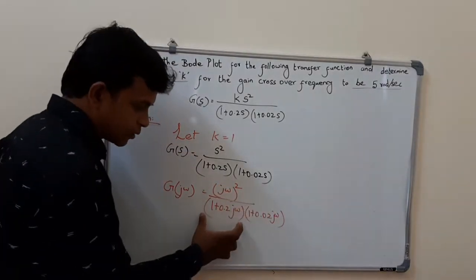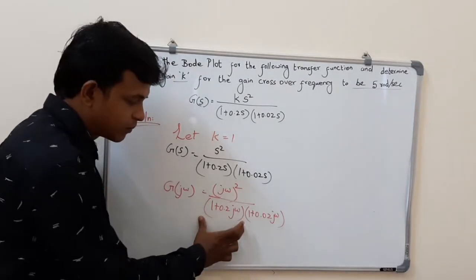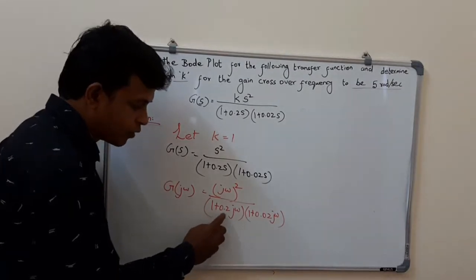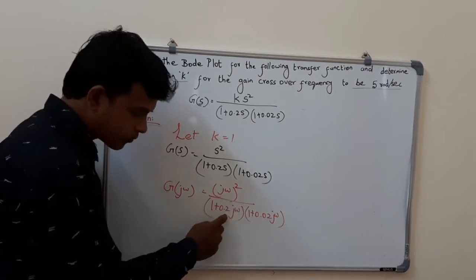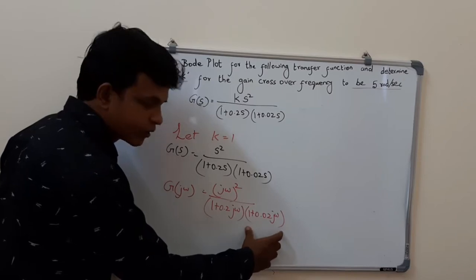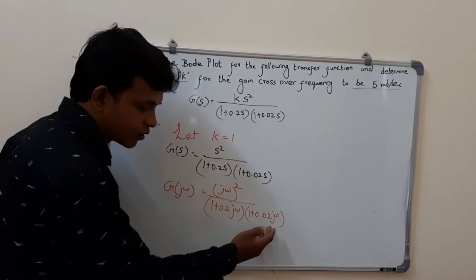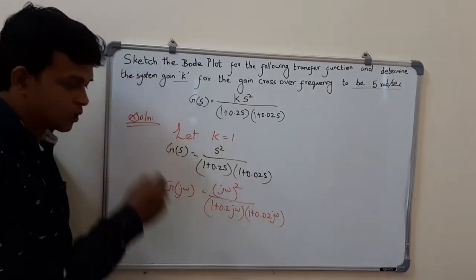So this first order factor in denominator gives a slope of minus 20 decibel per decade after the corner frequency of 1 divided by 0.2 radians per second. Similarly, this first order factor in denominator gives an additional minus 20 decibel per decade slope after the corner frequency of 1 divided by 0.02 radians per second.